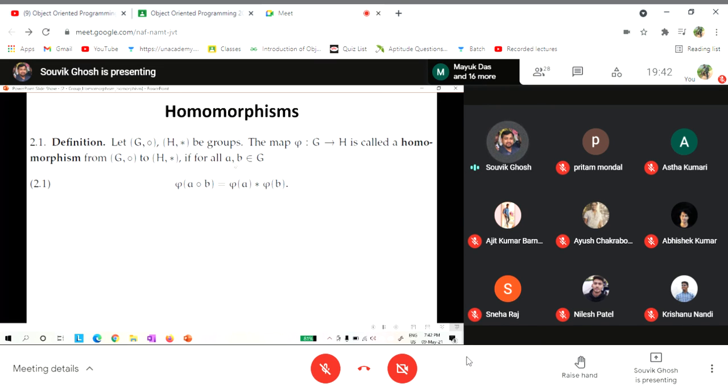We have two elements A and B from the set G, and we know G is a group with respect to the composition operation. Composition is a notation; we have this operation with us.